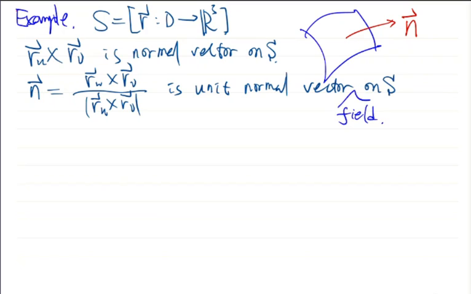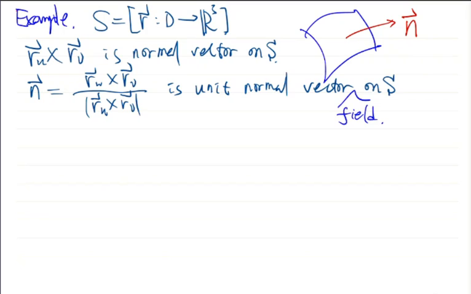Vector field is not very difficult. Every point on the surface you indicate a vector, so you obtain a vector field. Therefore, a vector field is simply a vector valued function. Nothing strange.